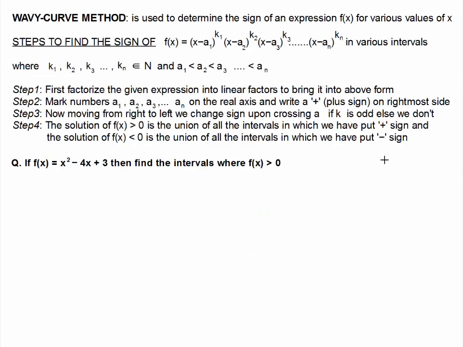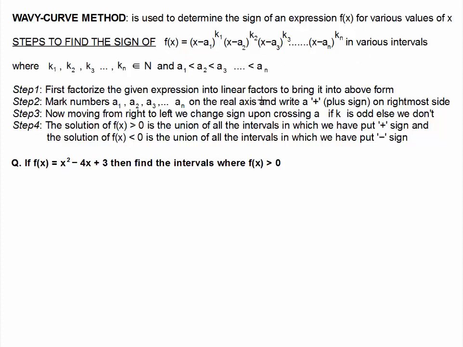Now next, let's have a look at the wavy curve method. This method is used to determine the sign of a given expression, which we can call f(x). There are a few steps to find the sign of this expression in various intervals.